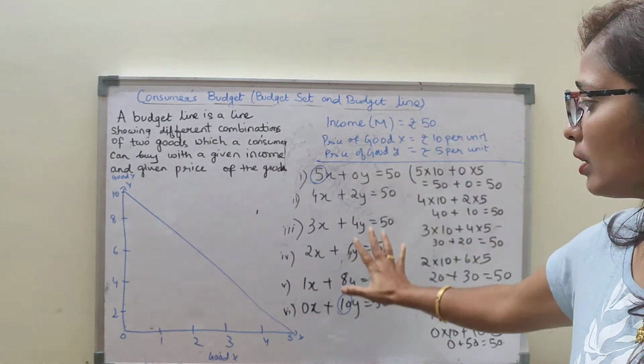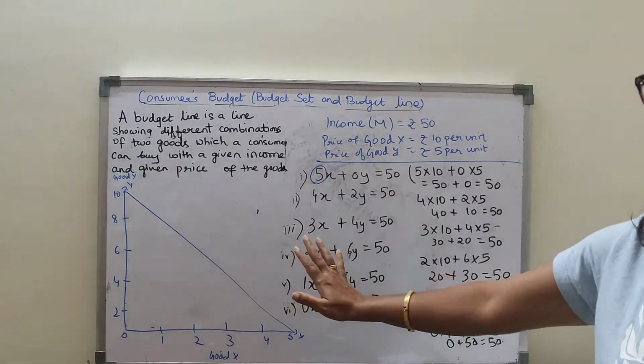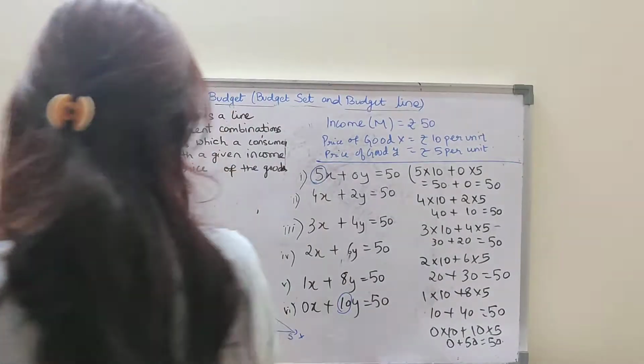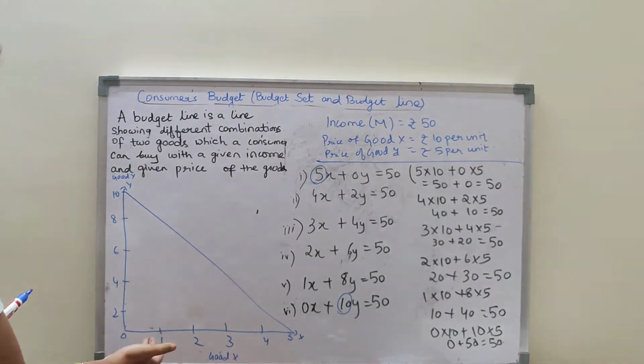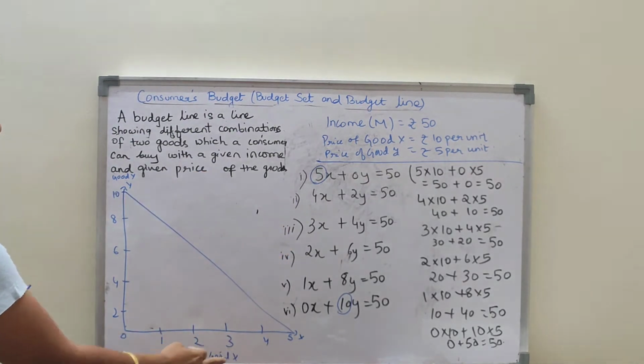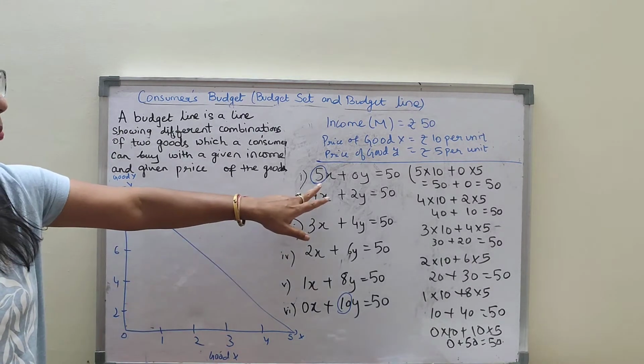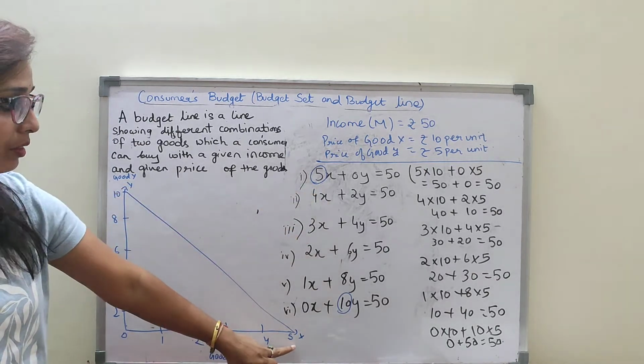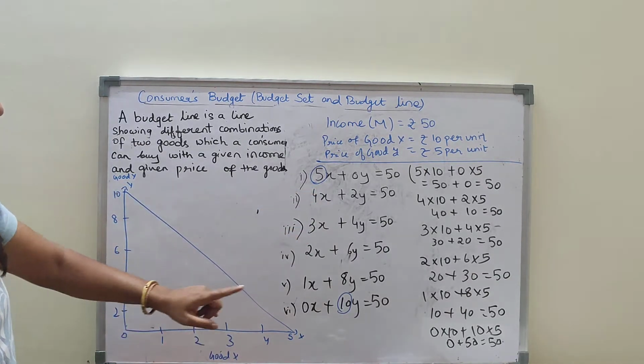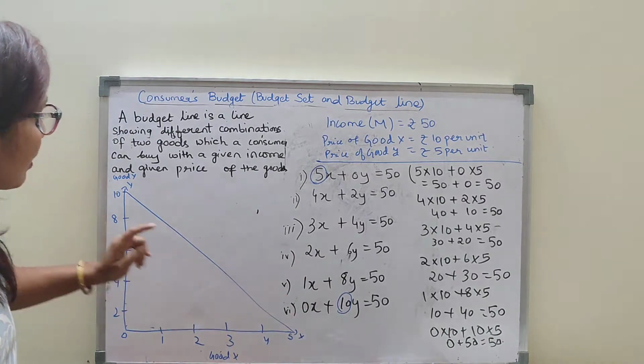Now, if we plot these combinations diagrammatically, from the above data, good X is plotted on the horizontal axis and good Y on the vertical axis. Maximum units of good X we can purchase is 5. Maximum units of Y that can be taken is 10.